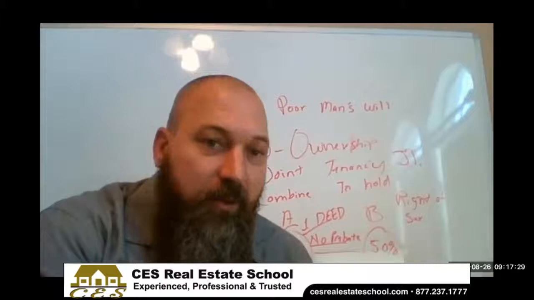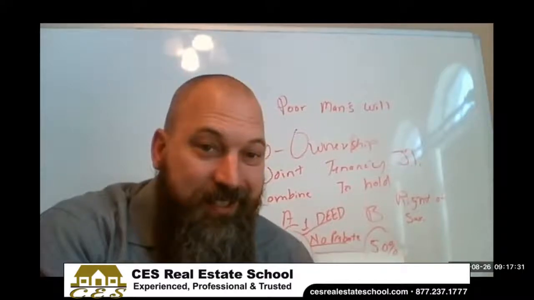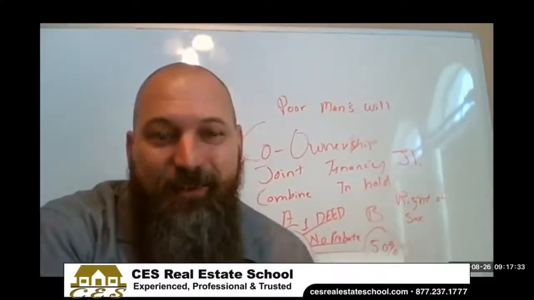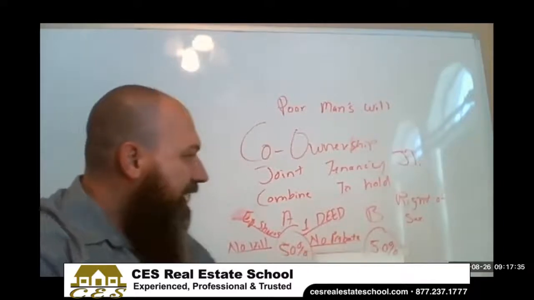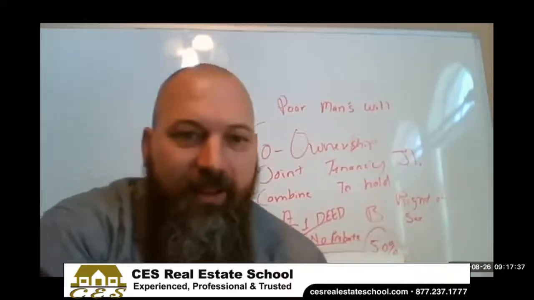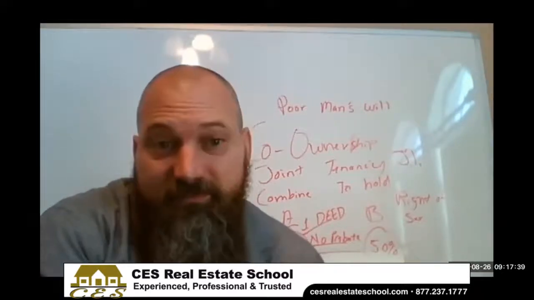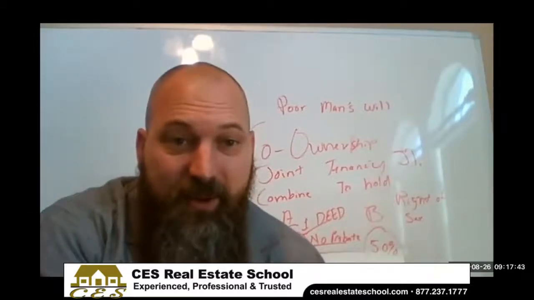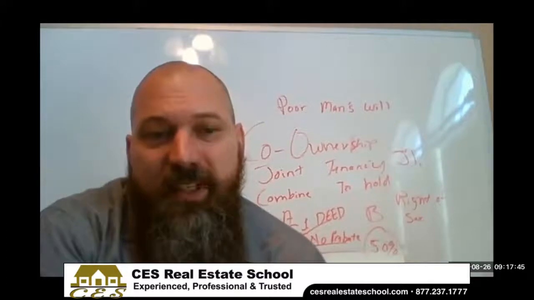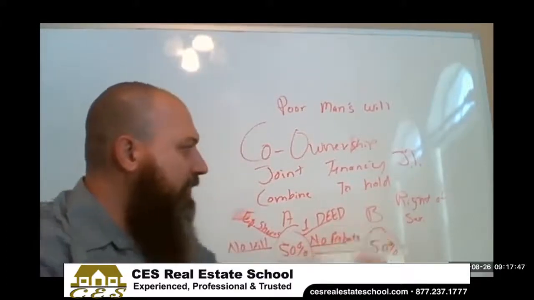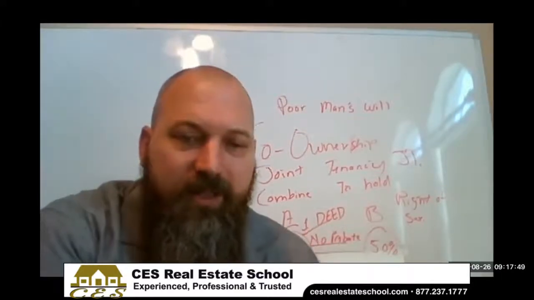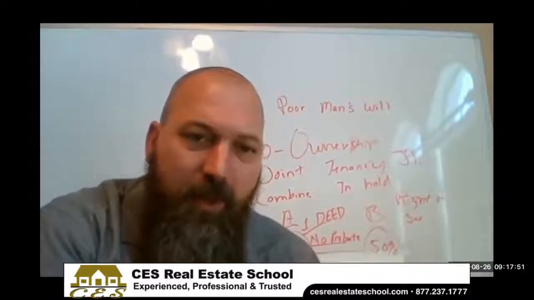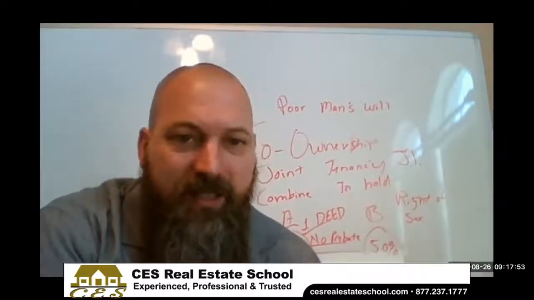All right, now another question when it comes to joint tenancy. Let's say, for instance, A wants to will their half to their son, but since they're in a joint tenancy, it supersedes a will, right? So they can't do it. So let's say, for instance, A walks over to B and says, you know what, B, I really want out of this joint tenancy because I want to be able to will my 50% to my son.